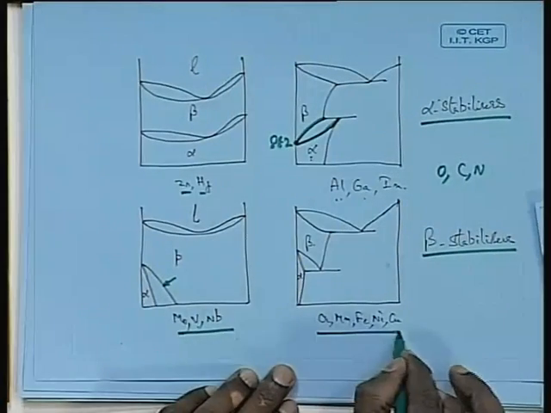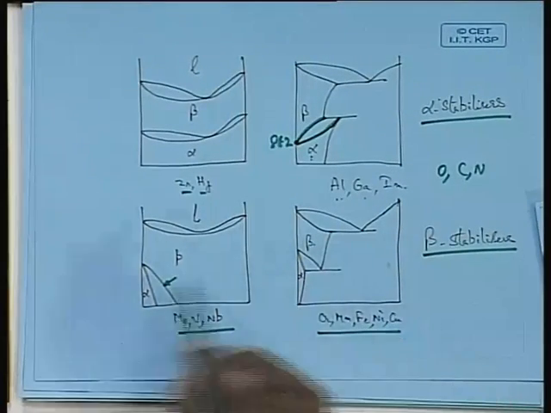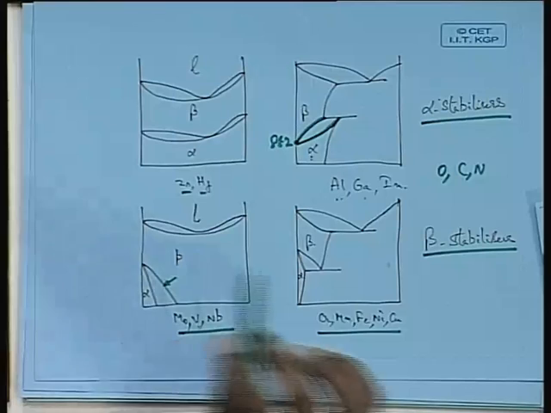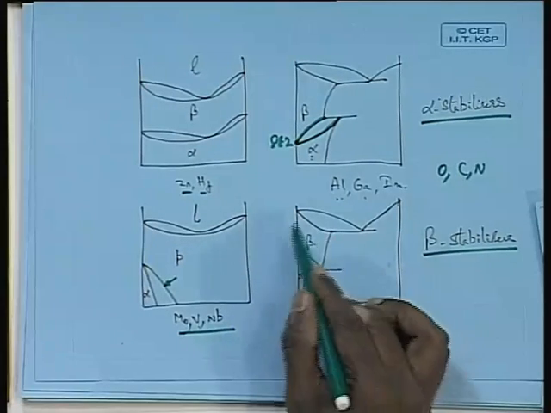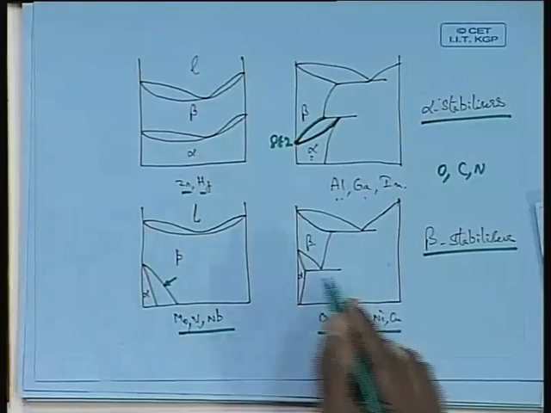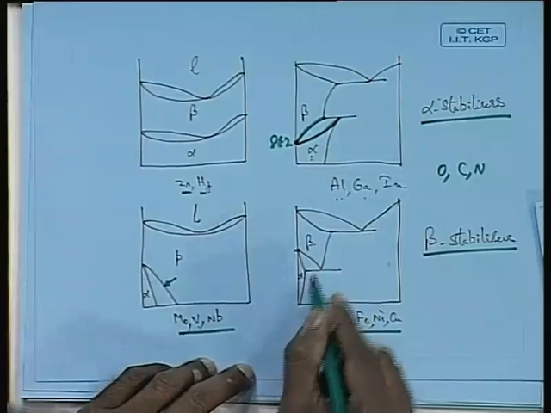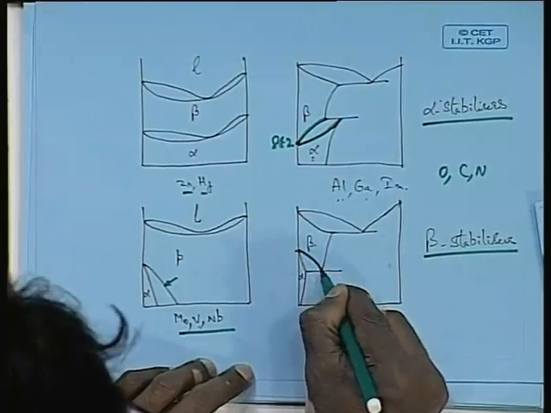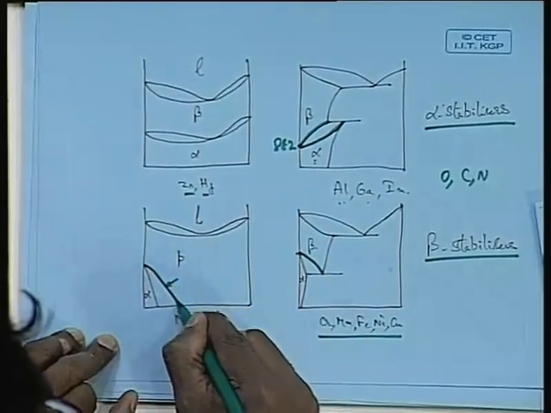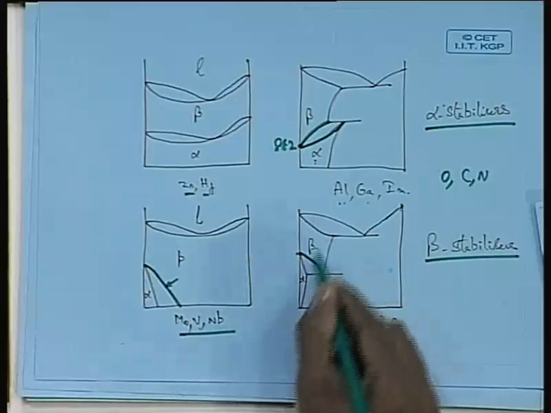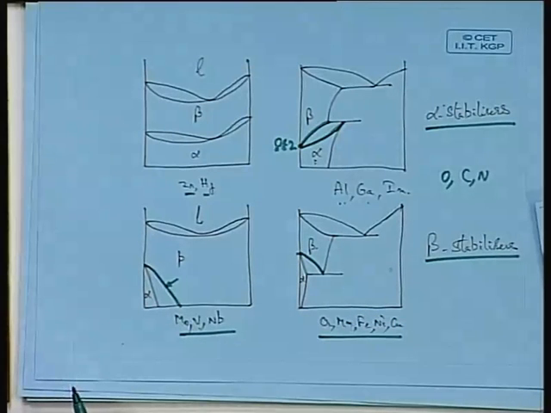And coming to other type of elements, other transition metals, they do not give this much stability, but definitely they give you a stable beta regime. Again you can see the transition temperature here decreases, and you get eutectoid type of phase diagrams.